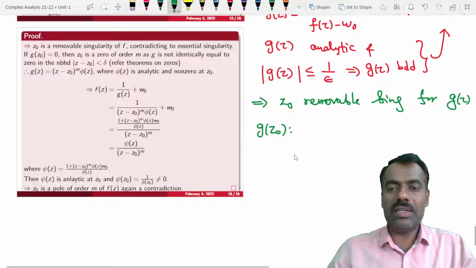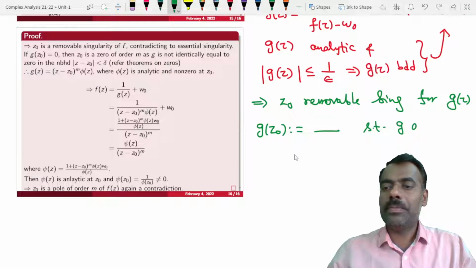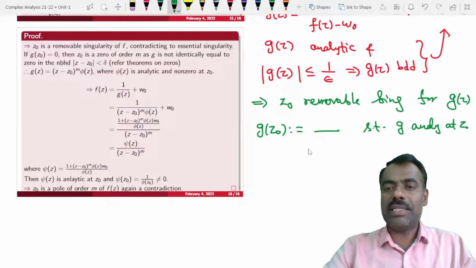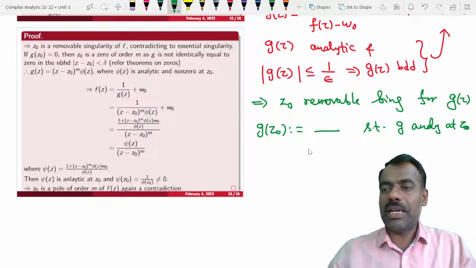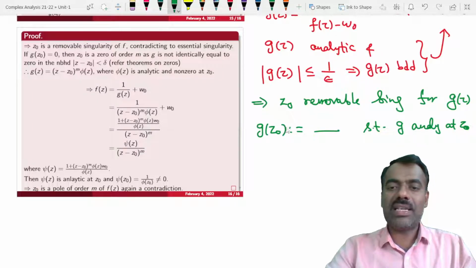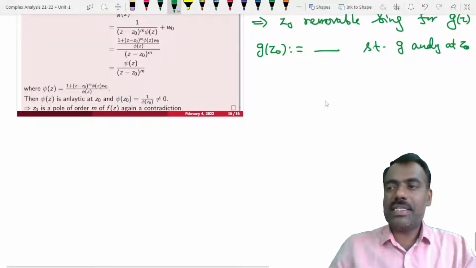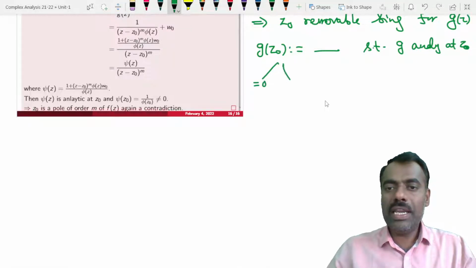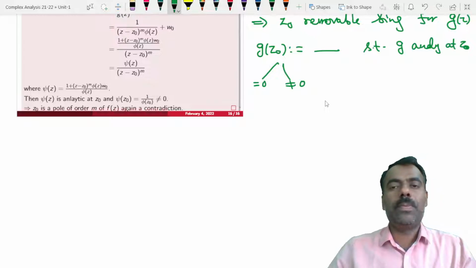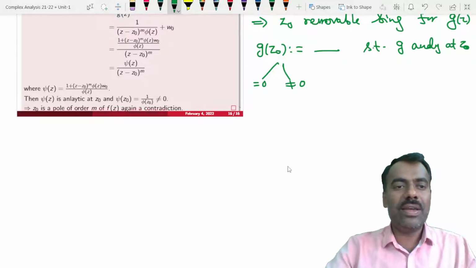That is not a problem, because whatever Laurent series expansion is there, you define the constant coefficient accordingly. Now there are two cases, because g of z naught may be equal to 0 or it may not be equal to 0. In either case we will show that there is a contradiction.